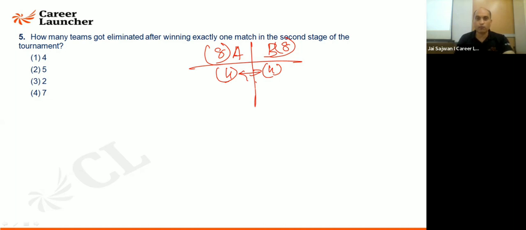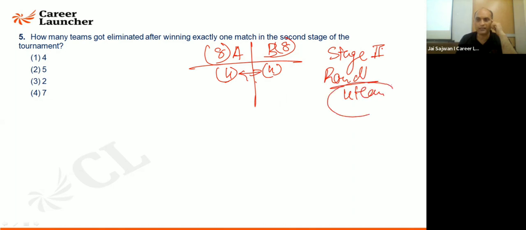So can I say the ones who lost in round 1 of stage 2, 4 teams got eliminated? They are going to play only 1 match. So 4 teams get eliminated in stage 2 after playing just 1 game. Is that fine? Because the winners are going to play 1 more game, so they are going to play 2 games now.